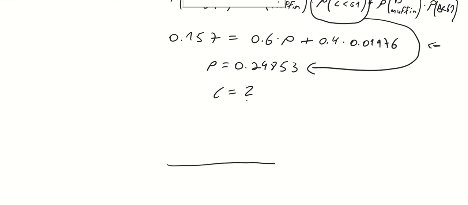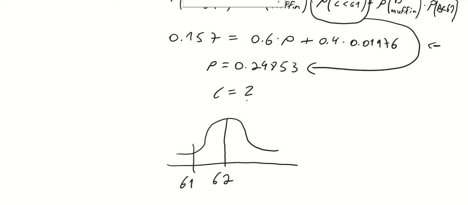So if I'm going to plot it again, we have the normal distribution and the mu is known, it is 62. Sigma is not known.